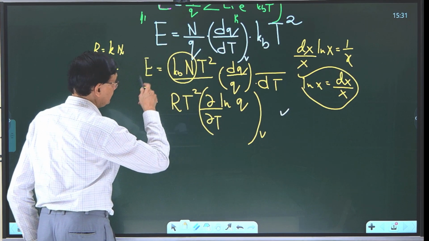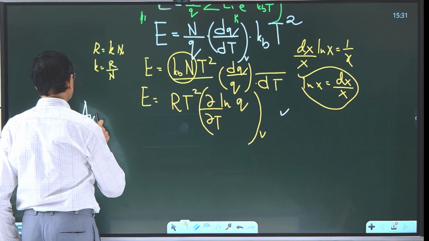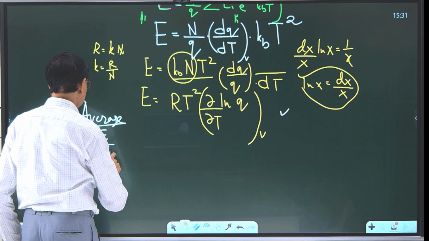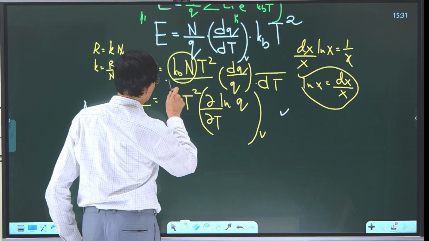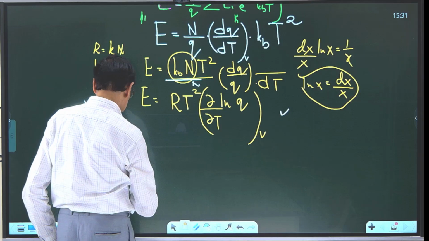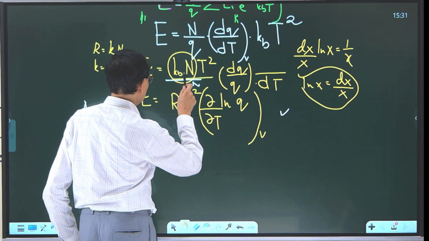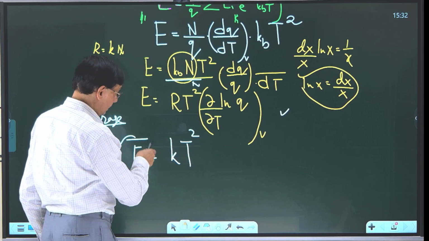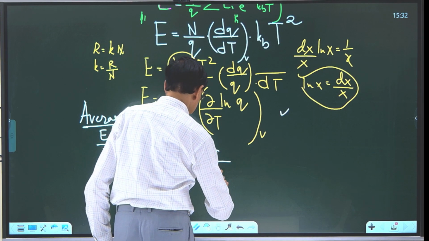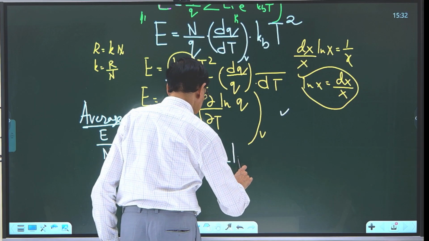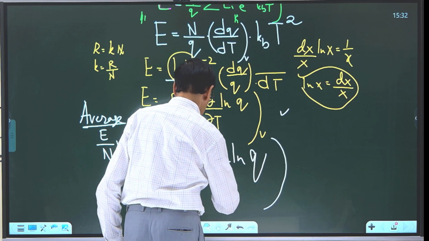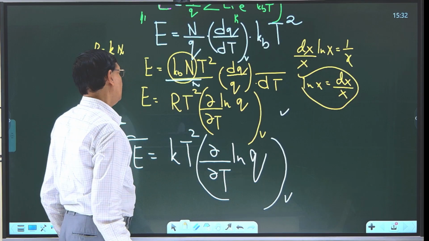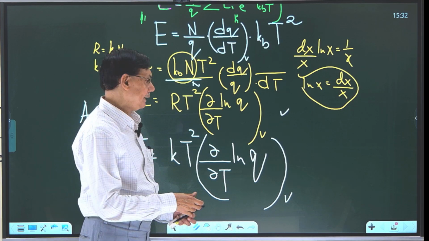But for average energy, so E divided by N. So if I just divide it by N, so average energy E bar you can write like that. So K T square, I am talking about the average energy, d by dt natural log of Q. Sometimes we determine the internal molecular energy per molecule, average energy per mole, like that.